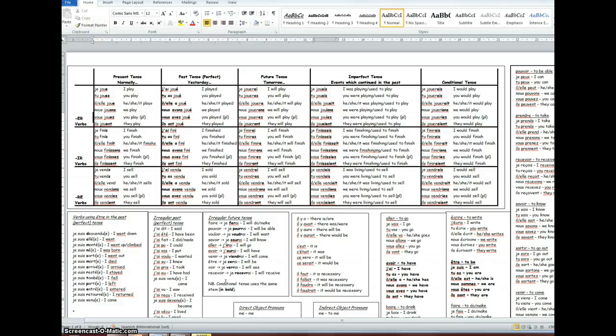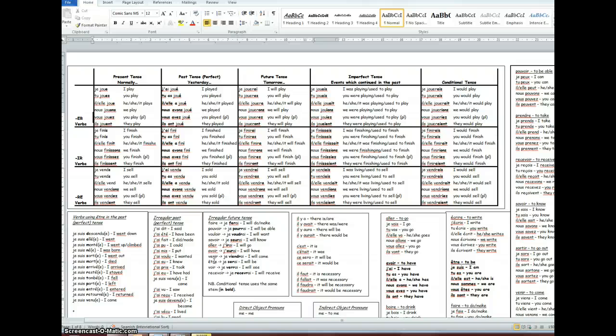Okay, but actually it is. We don't have devenir on the irregular list, but we do have venir. And because devenir has got venir on the end of it, it will behave exactly the same way.